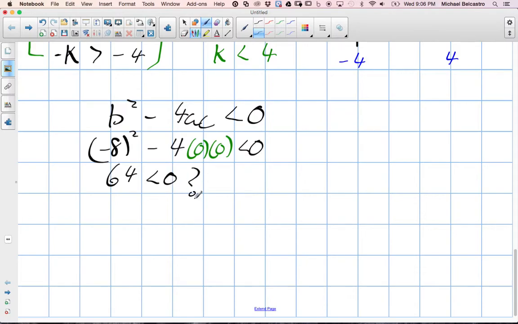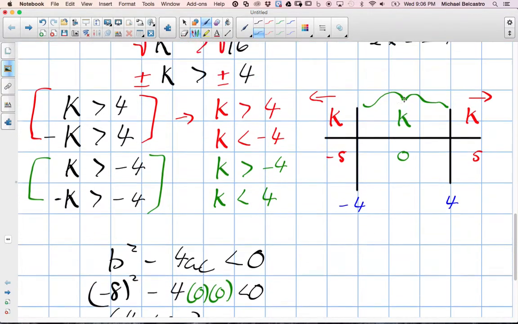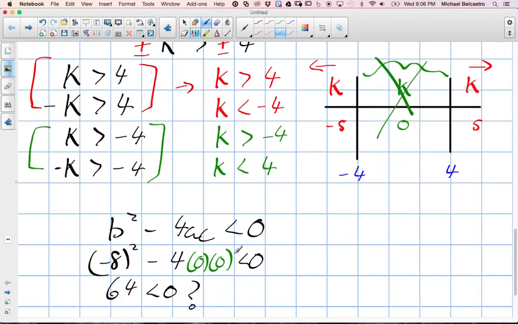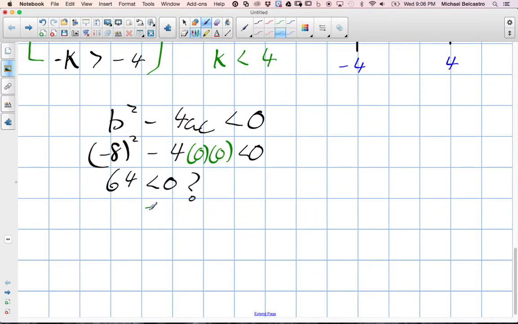Is that true? No. 64 less than 0? No, it's not true, which means this can't be our k because this is not true. I'm going to write underneath, okay, so not true.